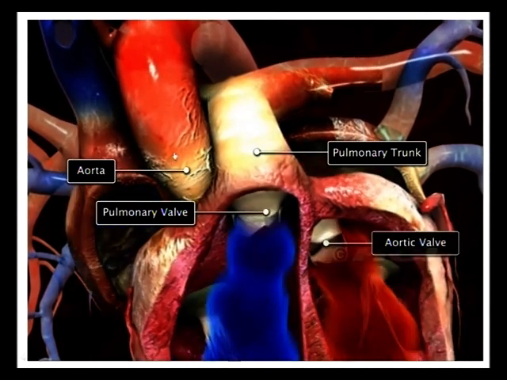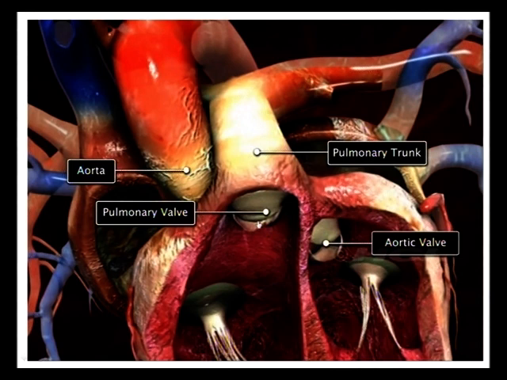Look there. This is the pulmonary valve and this is the aortic valve. So from this valve, the oxygenated blood goes through this aorta, and by this the oxygenated blood is supplied to all parts of the body.